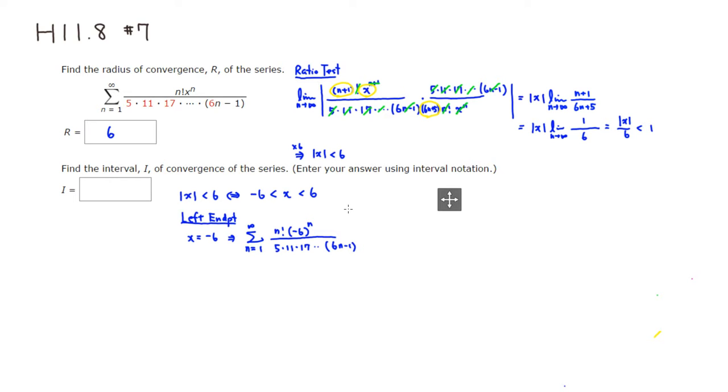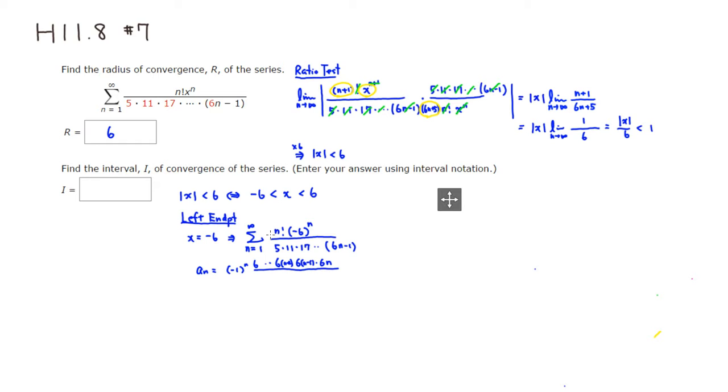Let's try the divergence test on this. I'm going to put the negative one separately, so a_n has (-1) to the n outside. Then n factorial is n times (n minus 1) times (n minus 2) and so on, so you have 6n, 6 times (n minus 1), 6 times (n minus 2), and so on down to 6.